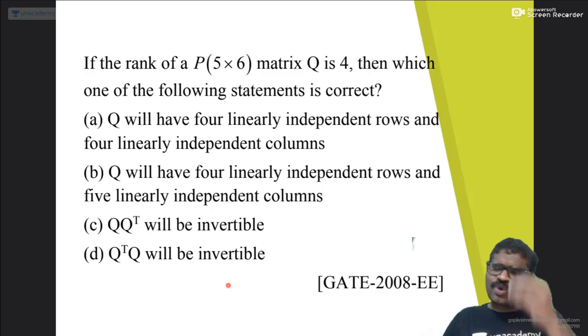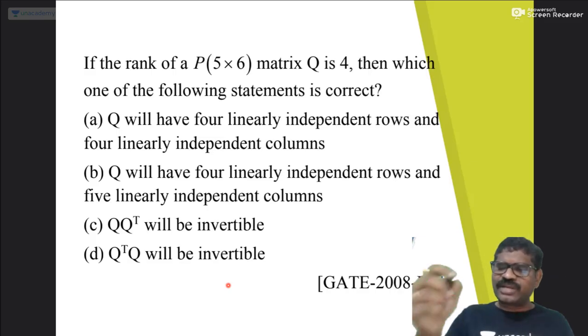Nitya, even though you perform column operations or row operations, you will get the same rank, either by row or column. Please cross check. You might have done some mistake.